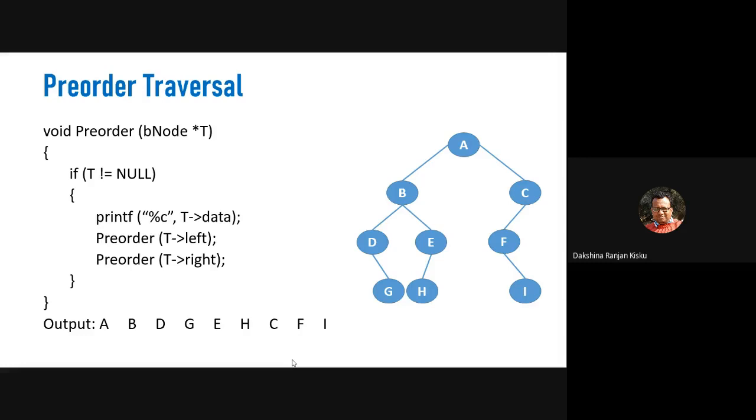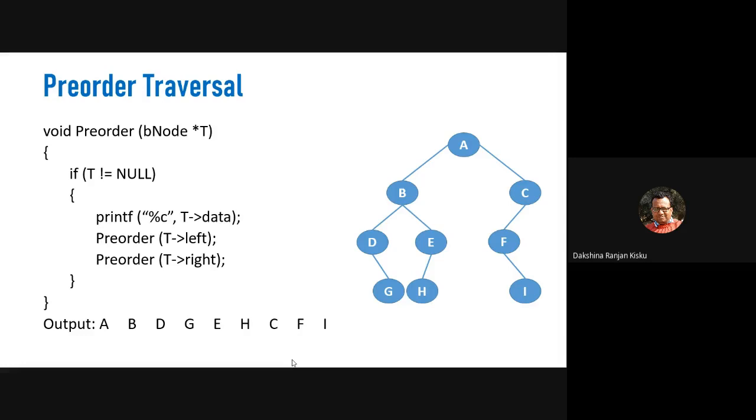E and H, these two nodes are part of the right subtree of node B. Here first E will be printed because E is the root node of the subtree in which the left child is H, and the right subtree is found to be empty.